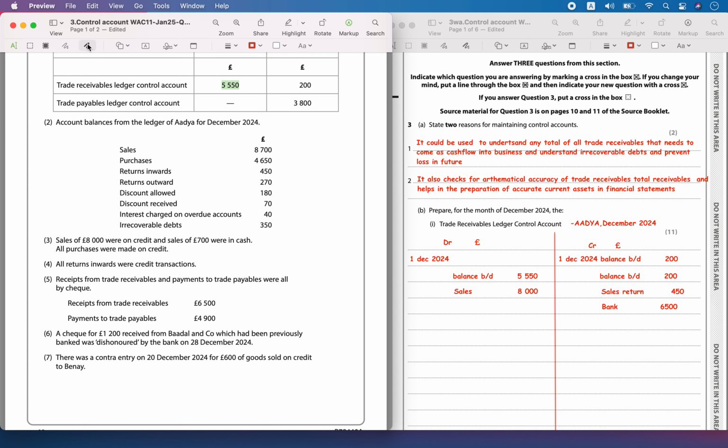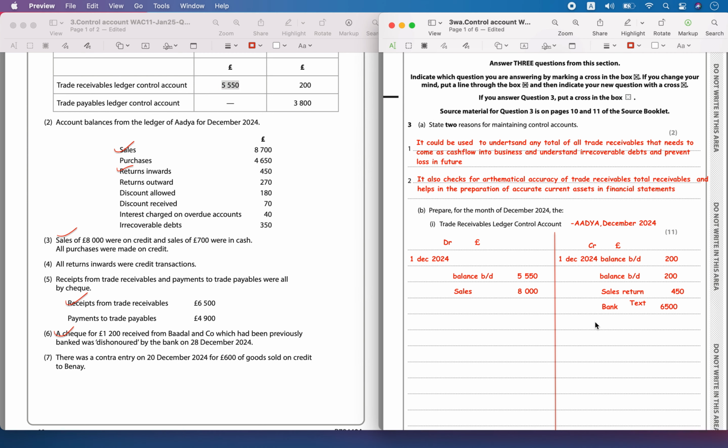So there is sales returns, and then we had receipt from the trade receivables. Then we see that a check which was received had become dishonored. So the dishonored check is again reflected, around 1,200.